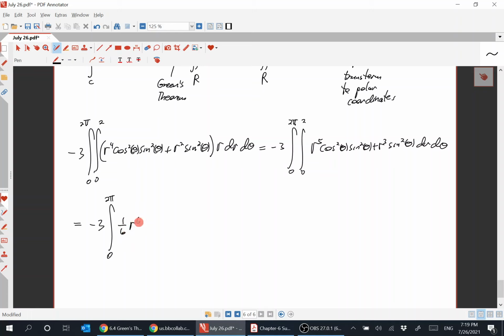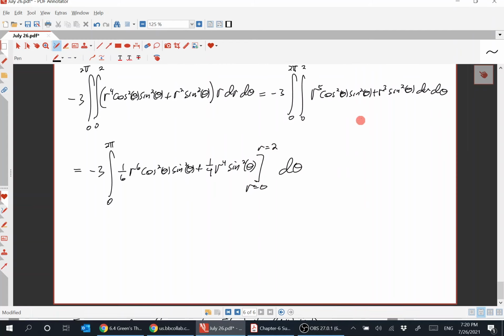So 1/6 r to the 6th cosine squared theta sine squared theta, plus 1/4 r to the 4th sine squared theta, for r going from 0 to 2, d theta.